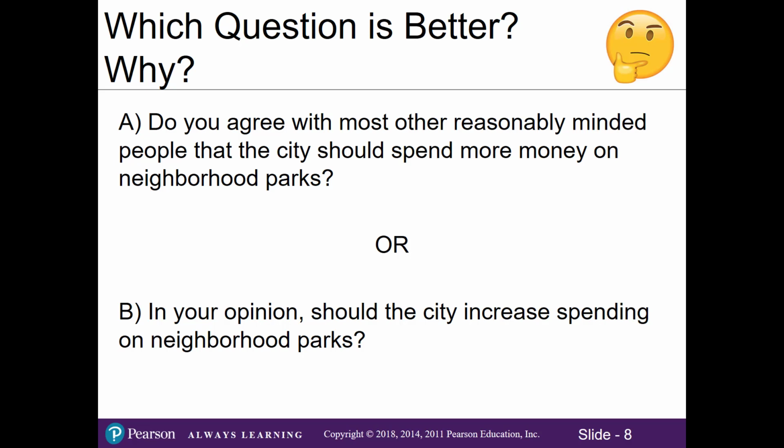The issue with question A is that it's a leading or biased question. It kind of guilts people to think that it's a good thing to spend more money on parks because it highlights that other reasonably minded people believe so. And if you don't agree, then you're not reasonably minded. So it's kind of shaming the respondent. So you want to be aware of questions like that.